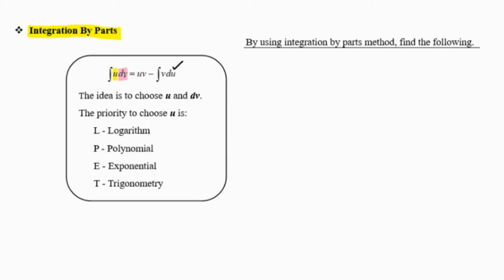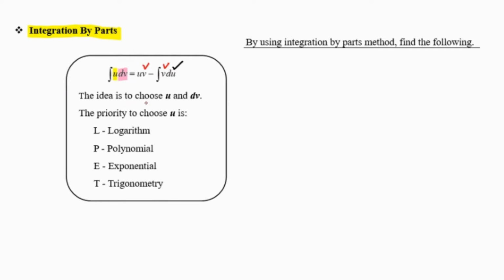For the dv part, we are going to integrate so that we can get back v. By using this integration by parts formula, the integral of u dv equals uv minus the integral of v du.